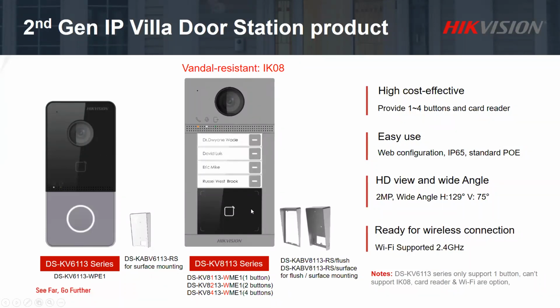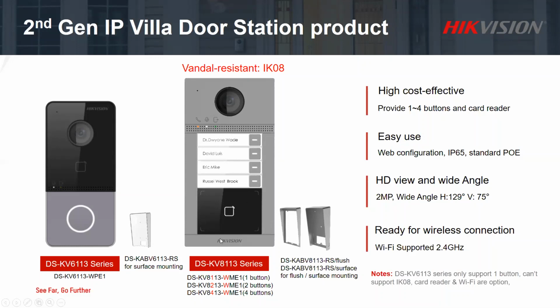And then this one here is our 8 series. This is our vandal-resistant Vela door station. Also the camera, of course, is here, and then the indicator, and then the buttons. The buttons depend on which model you choose. We have 1 button, 2 button, and 4 button options. This is a 4 button module, and a card reader is included as well.